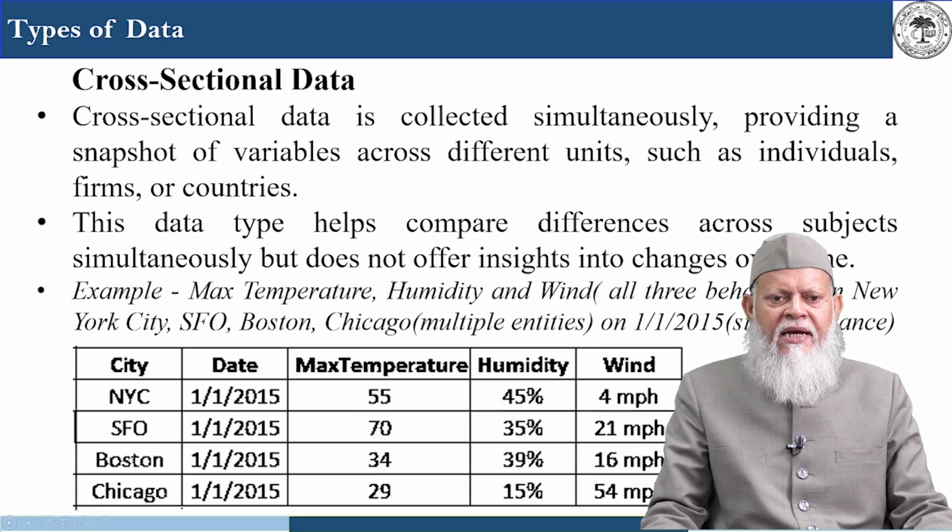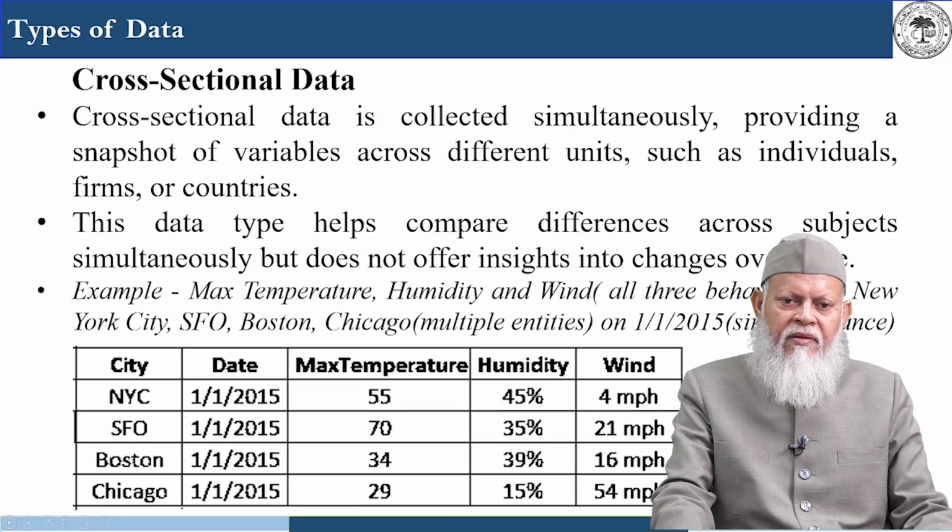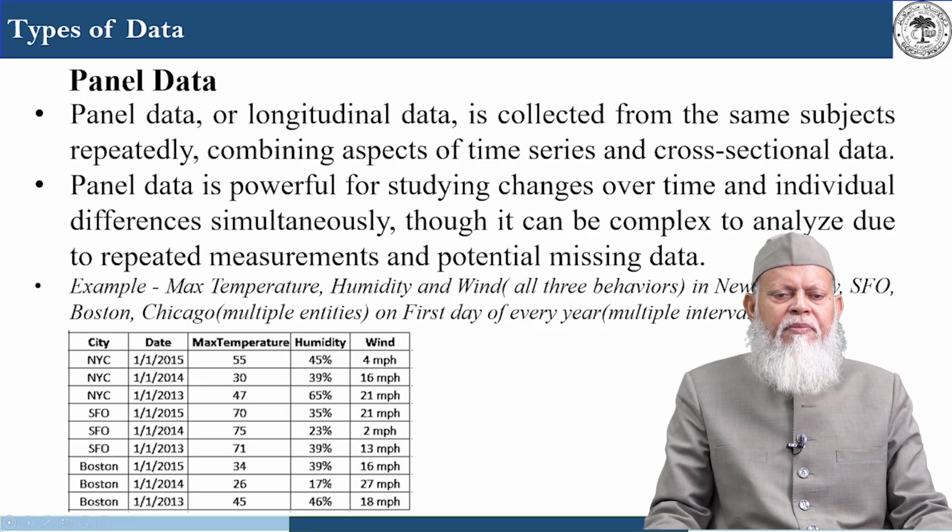Now we come to discuss the next, that is panel data. The panel data or the longitudinal data is collected from the same subjects repeatedly, combining aspects of time series and cross-sectional data.